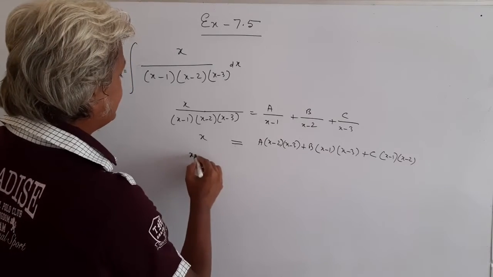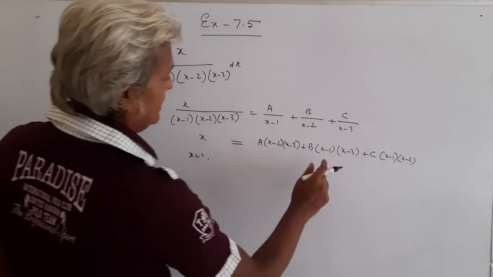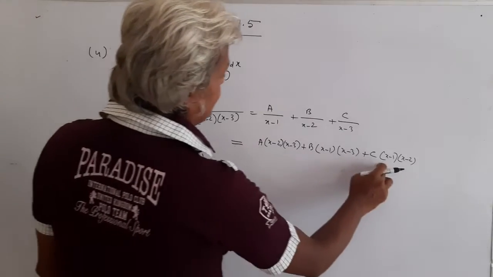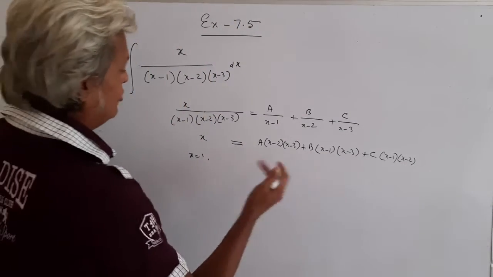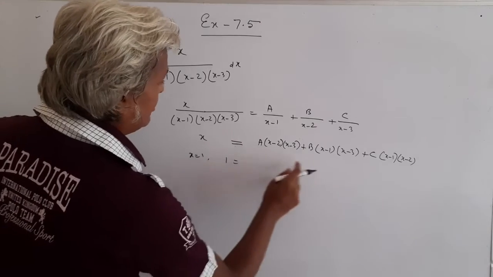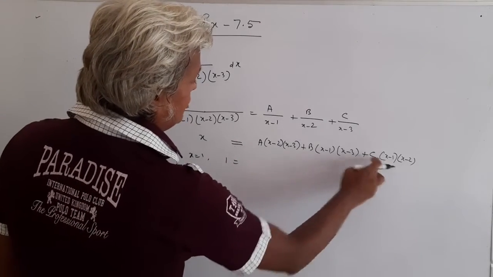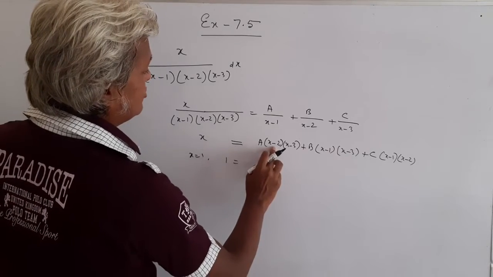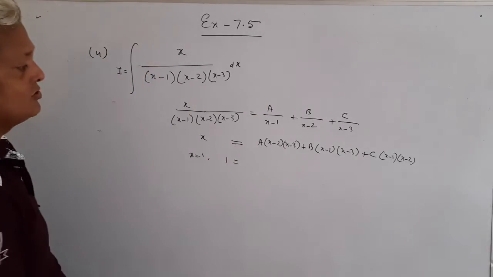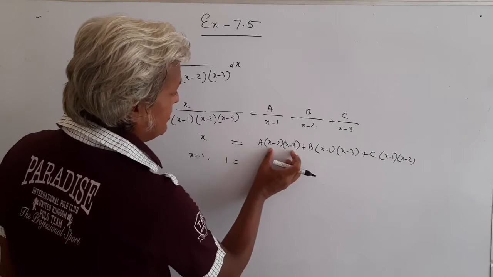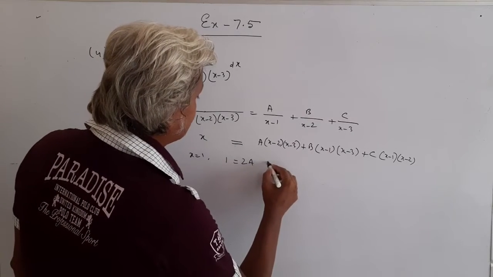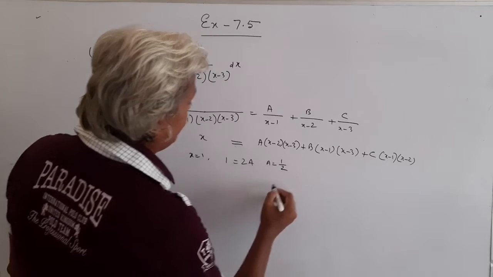If you write x equals 1, then wherever you have x minus 1, they will become 0. So this becomes 1 equal to, this becomes 0, this becomes 0, then this is the value: 1 minus 2 is minus 1, 1 minus 3 is minus 2. Both terms are negative, minus 1, minus 2. If you multiply, you get 2. So 2a equals 1, it means you got a as half.